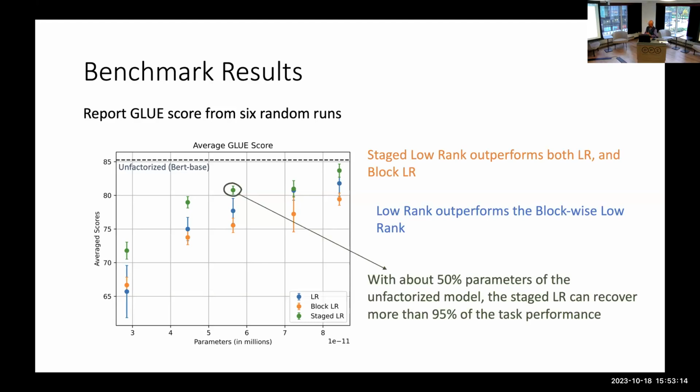And so overall, for these benchmarks, for about half the parameters, that is, compressed by a factor of 2, in terms of the GLUE score, we are getting pretty much 95% of the overall score in this benchmark. So it seems promising in terms of being able to actually perform well on these benchmark tasks.